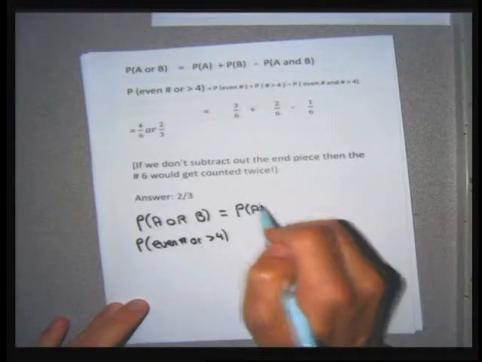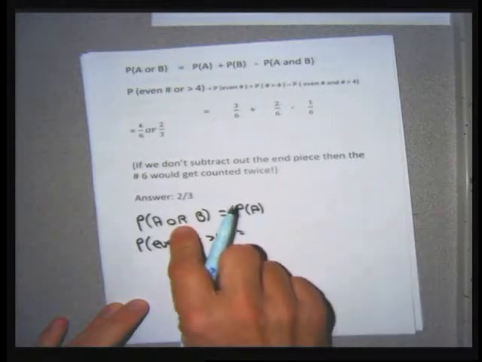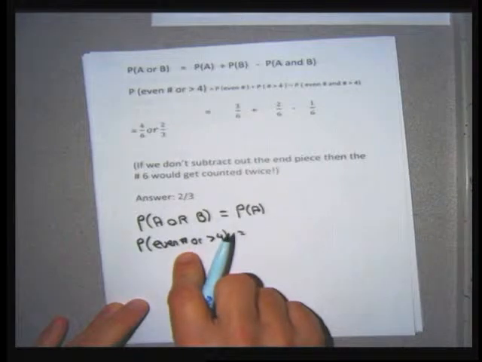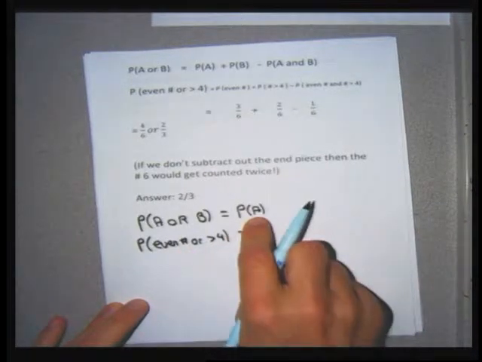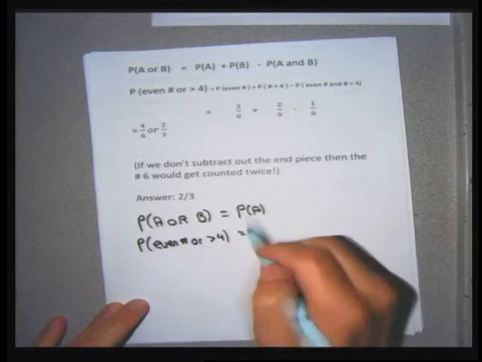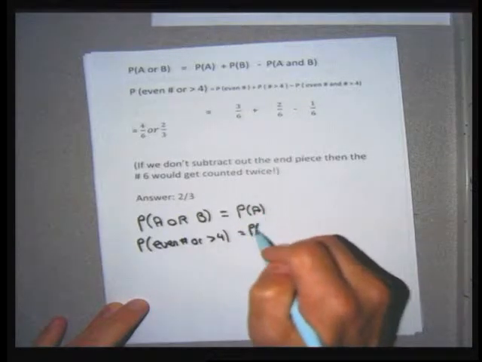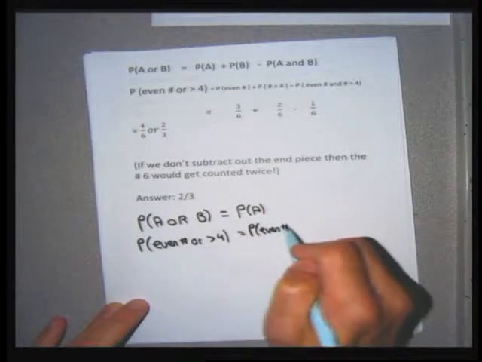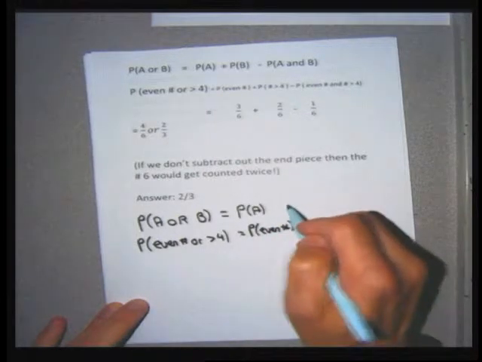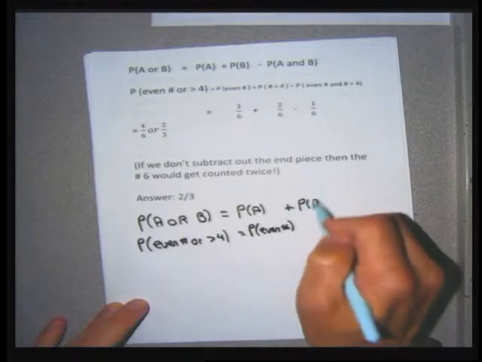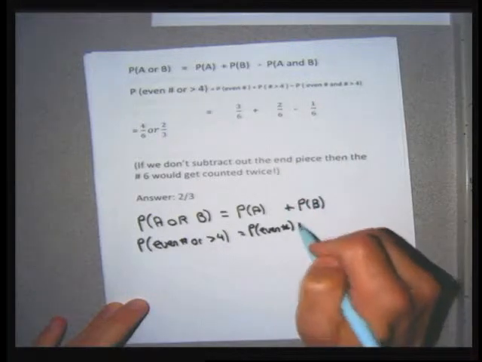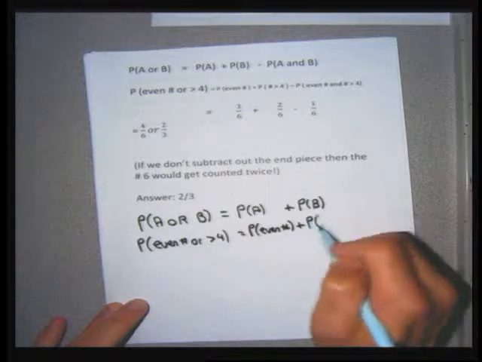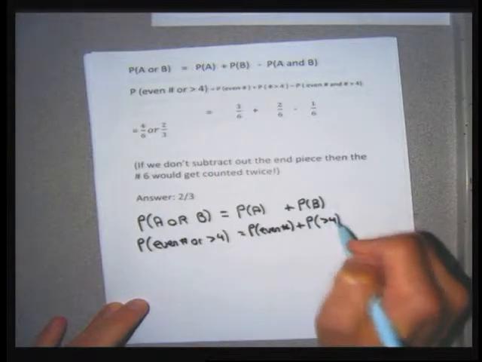So the formula says the probability of A or B. My problem rewritten says the probability of an even number or a number greater than 4. So for the probability of A, I'm going to change that part to the probability of getting an even number. For the probability of B in the formula, I'm going to change that to the probability of getting a number greater than 4.